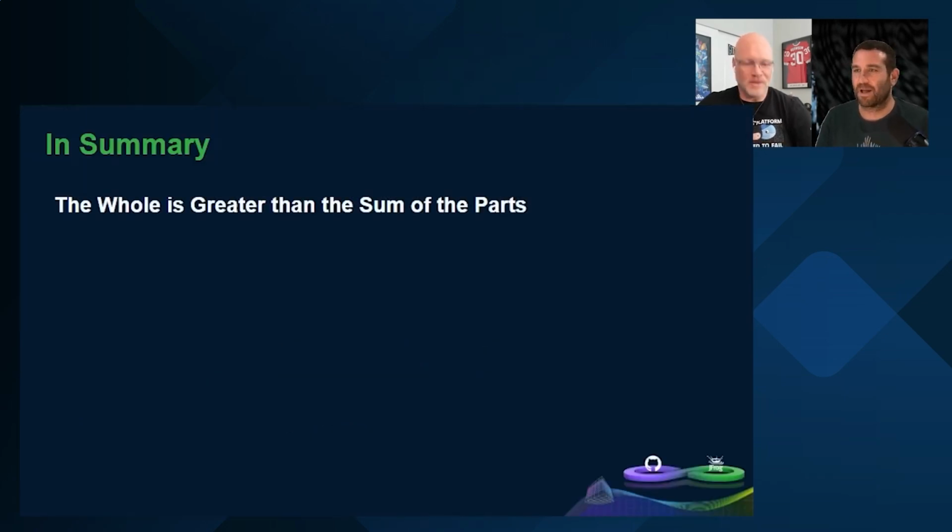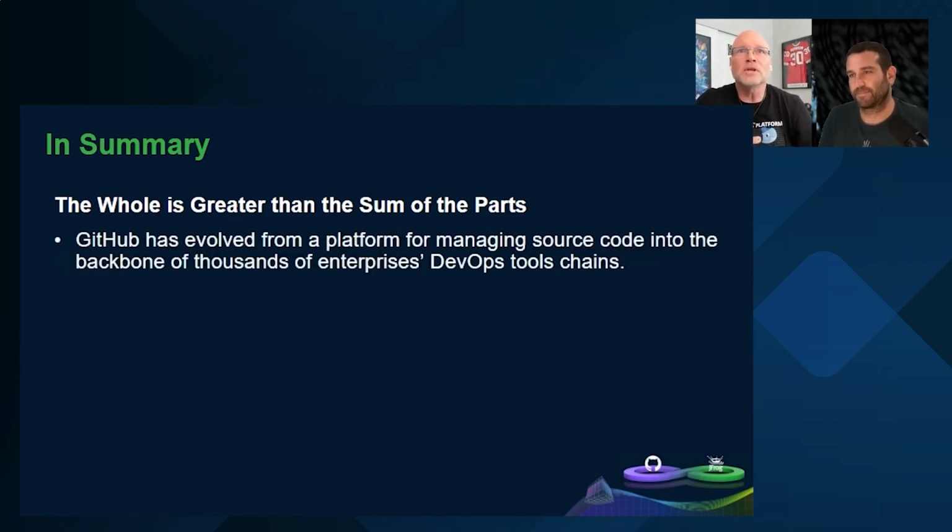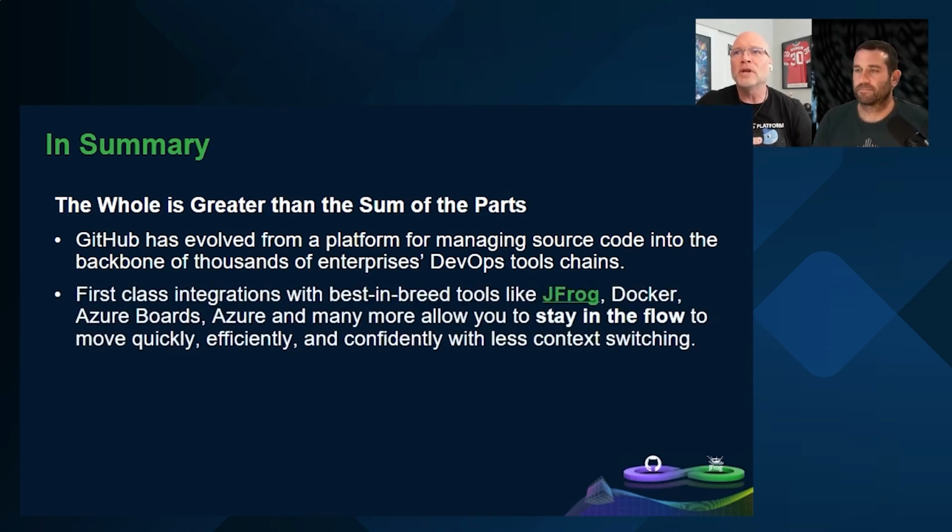the great stuff. But Dave, let's kind of summarize what we saw here, and then we can get into the Q&A. So I think what we saw is that the whole is really greater than the sum of the parts. GitHub's evolved from a platform for managing source code into the backbone or the hub of thousands of enterprises' DevOps tool chains. And we now have these first-class integrations with best-of-breed tools like JFrog, Docker, Azure Boards, Azure, Jira, many more.